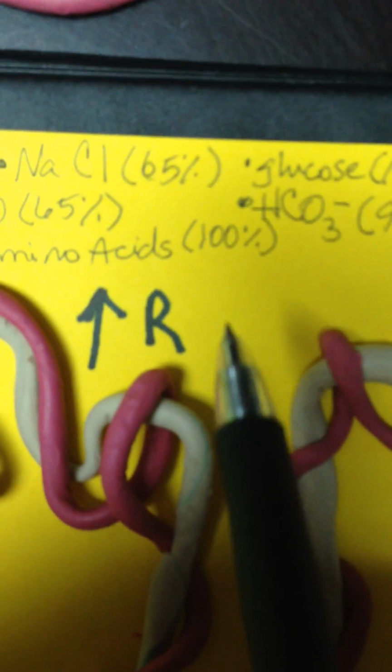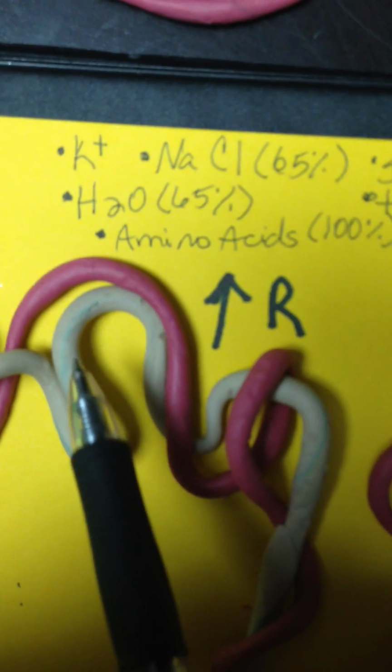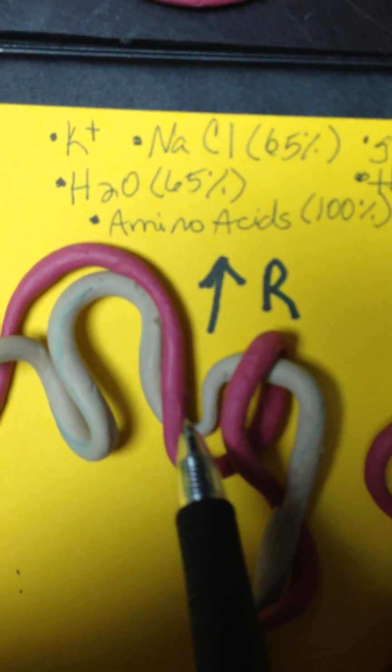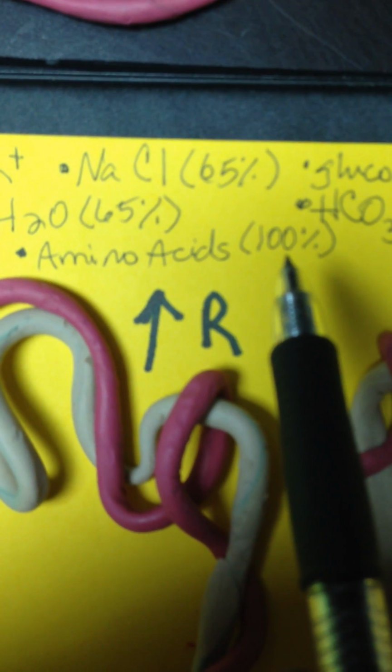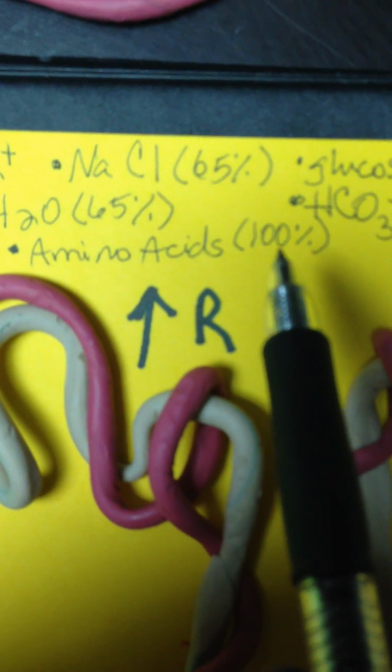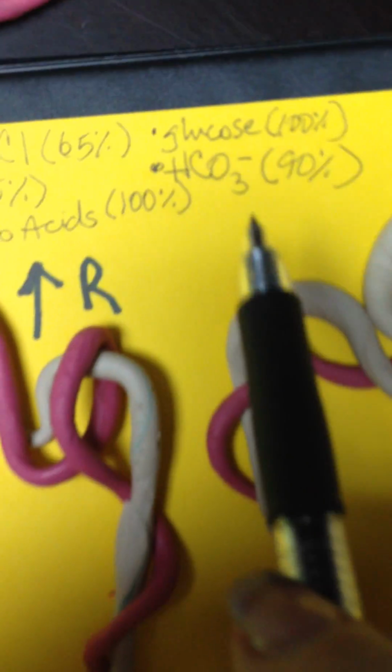So if you're thinking about that, when I pee, because what's in the tubes will end up as pee, we should not see any glucose, because we're taking in 100%. We shouldn't see any amino acids. So if you did a urinalysis, you should not see those two things. If you do, you've got some problems. And we're taking in a lot of base here, but we'll talk about it in just a sec.